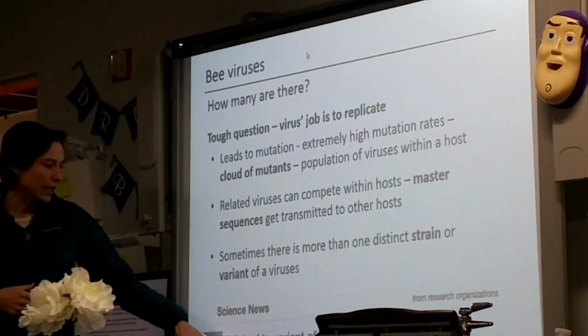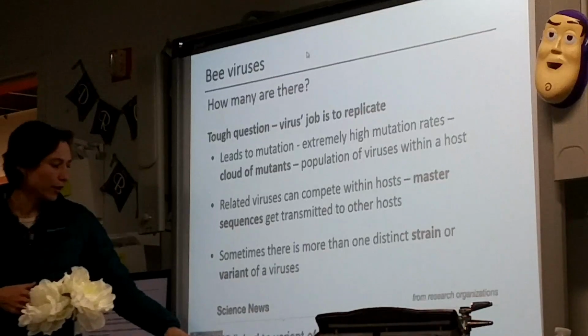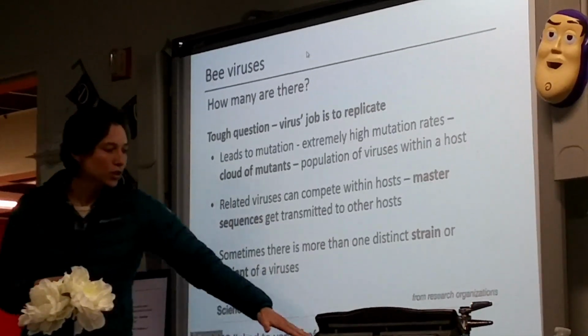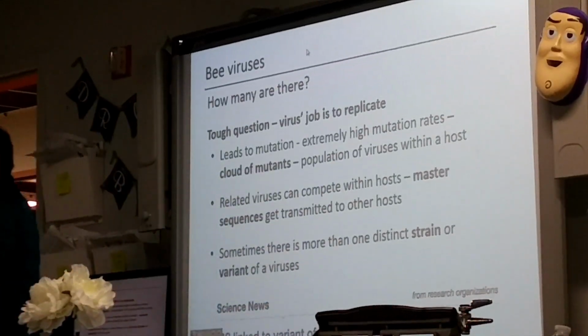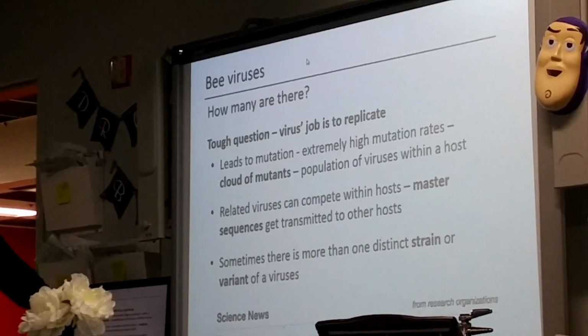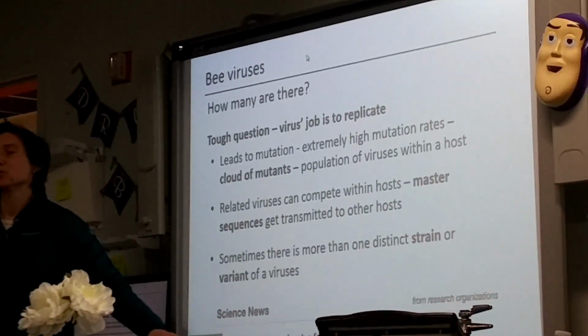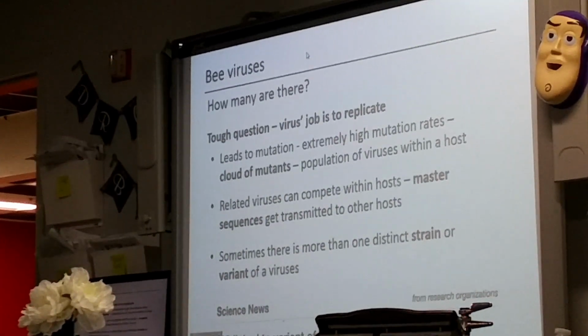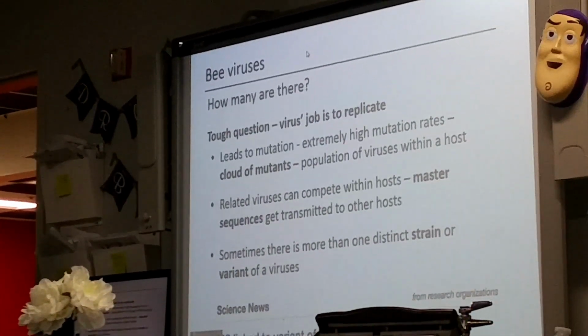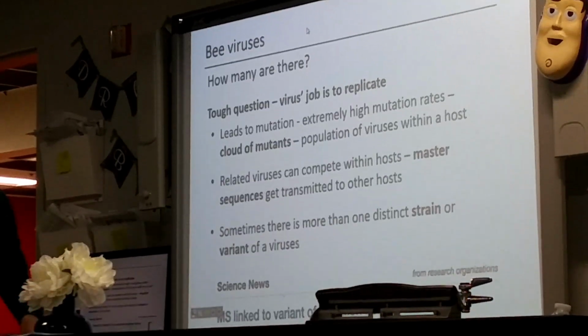This was last week's news or the week before: studies linking multiple sclerosis in people to certain variants of the herpes virus. Not every strain, but certain strains. Similar to that, you can get very specific disease symptoms associated with one strain of a virus and not the other. So one of the things I'm trying to do here is paint a picture of complexity. We're trying to understand how viruses affect bees.